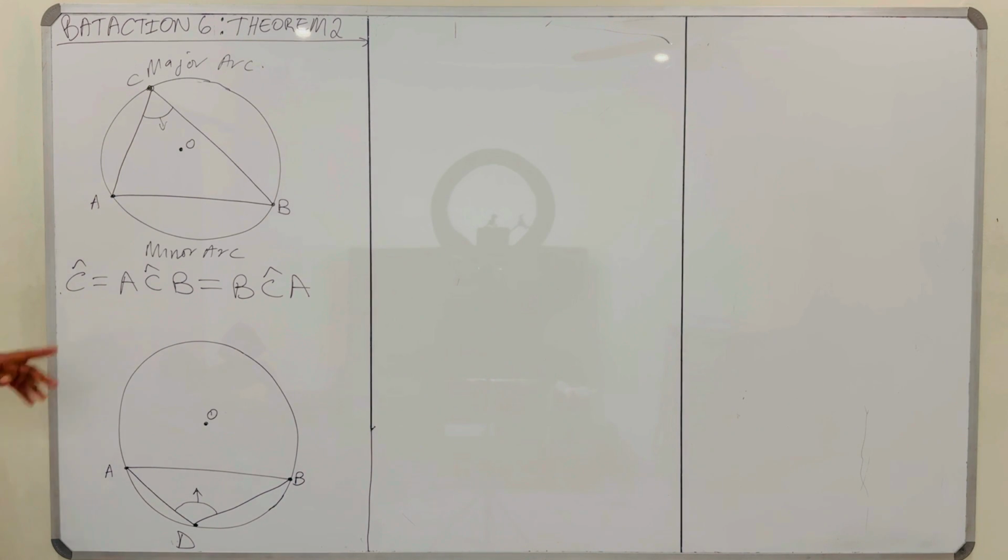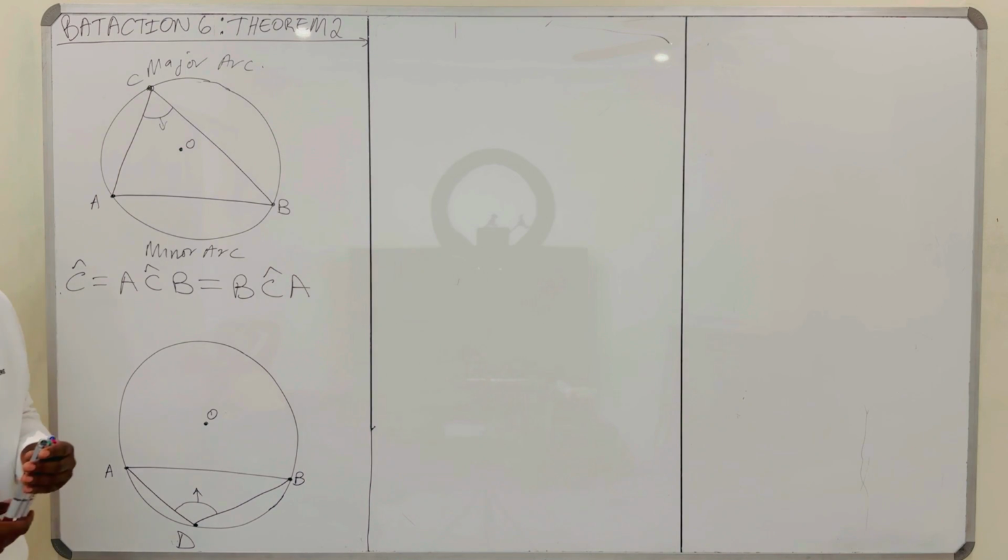So, angle C is an angle subtended by what? By chord AB, or by minor arc AB. And angle D? Angle D is subtended by chord AB or major arc AB. Yes. So, angle D is formed by chord AB or this major arc AB.